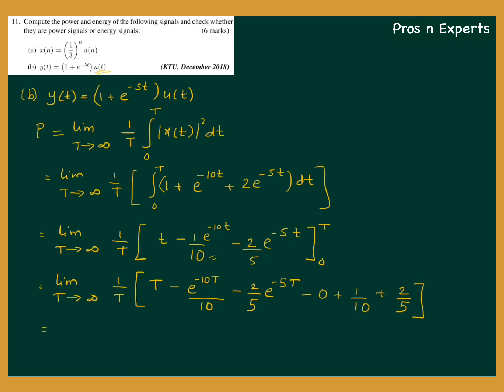Now let us see this as limit T tending to infinity 1 by T into T minus e raised to minus 10T by 10 minus 2 by 5 e raised to minus 5T. What is the value? This is equal to 5 by 10, it is 1 by 2, plus 1 by 2.